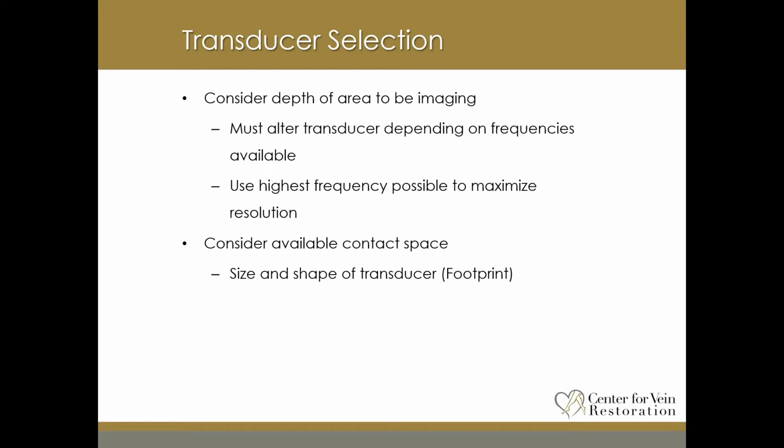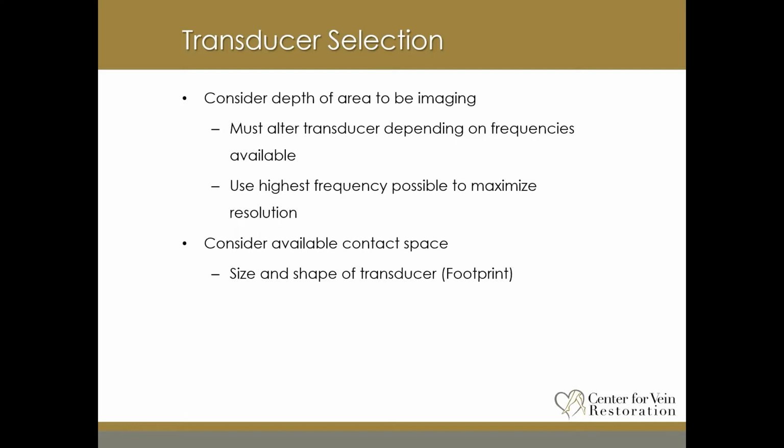Whereas if we were looking at the aorta, you pick a transducer with a lower frequency. This is the same notion for our lower extremity exams. We would pick a transducer that has a mixture between the lower and higher frequency ranges because of the size of the limb.